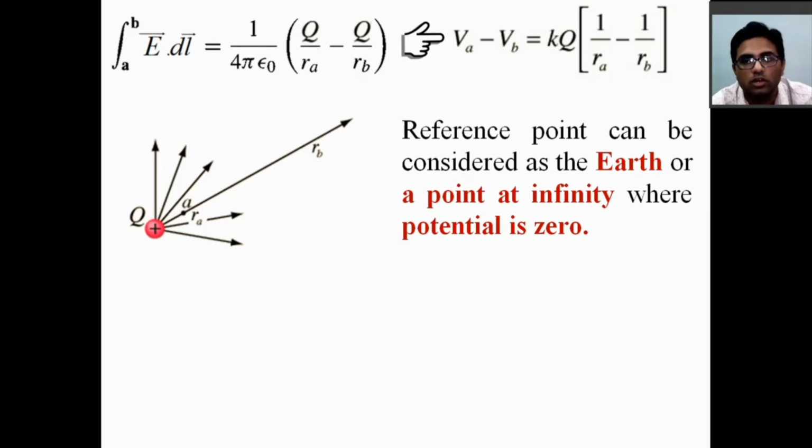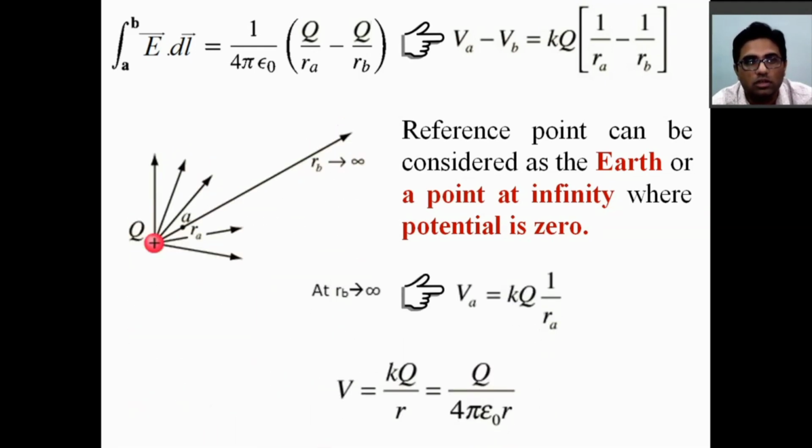So if we choose point B at infinity, the potential at point A becomes like this, as the potential at point B is 0. So in general the potential at any point can be written like this.